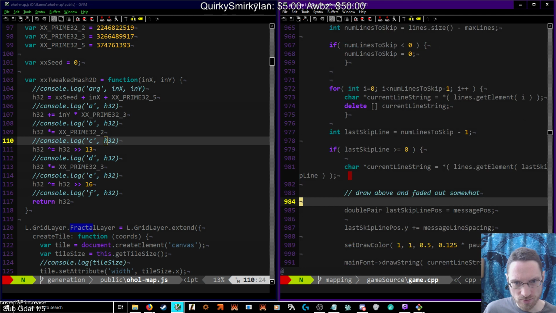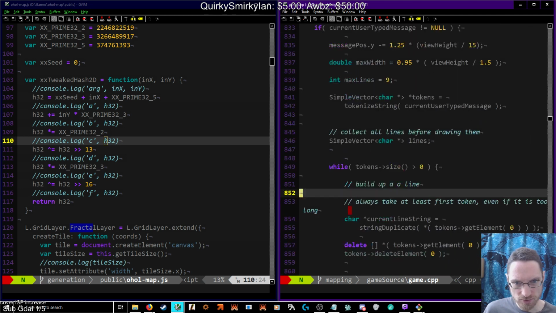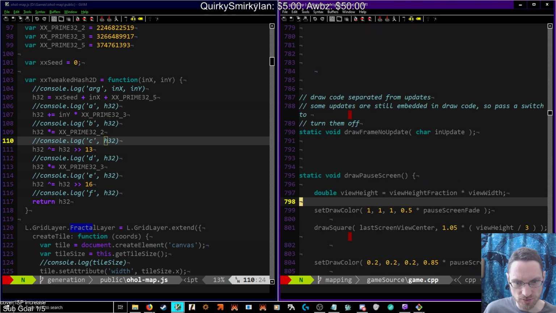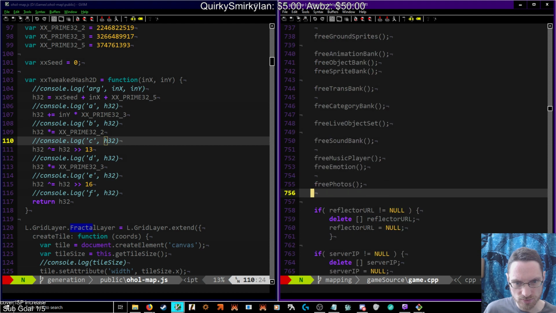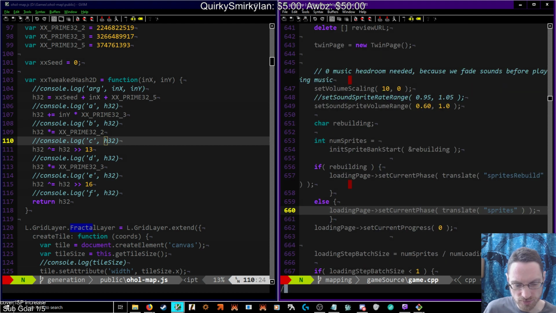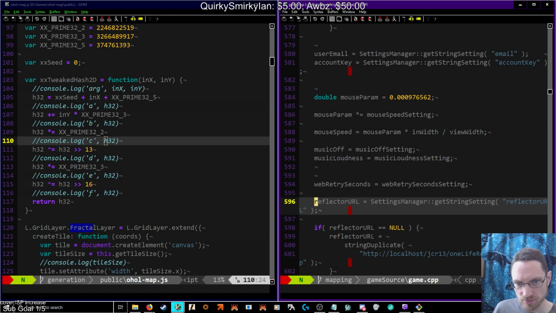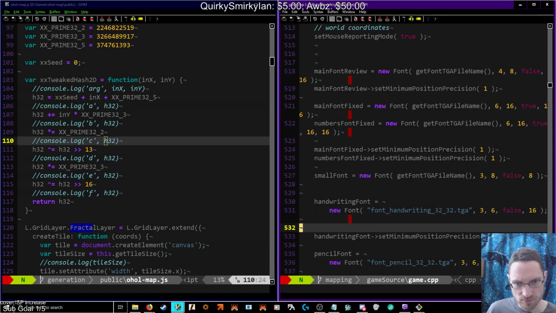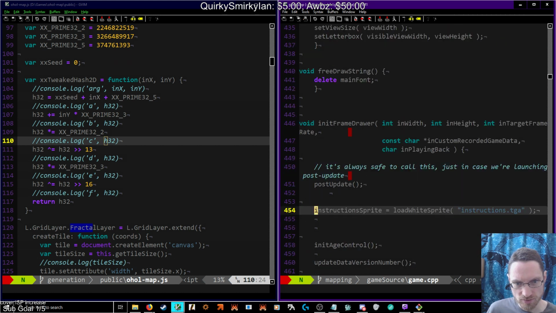Do you get an init function? Oh, maybe it's game page. But what says create a game page? No, this isn't even game page. This is a lot of initialization stuff.